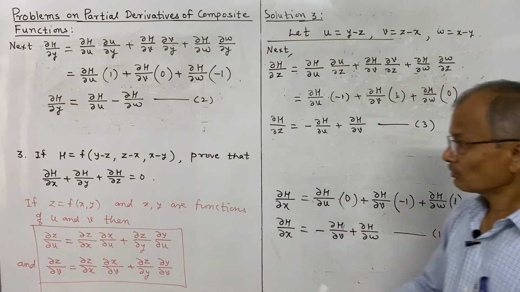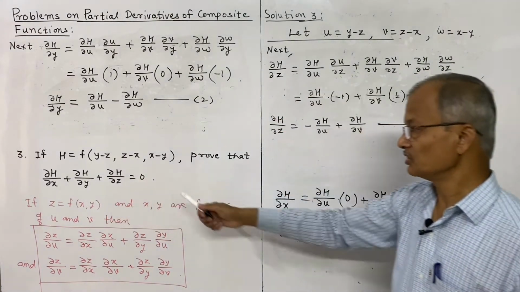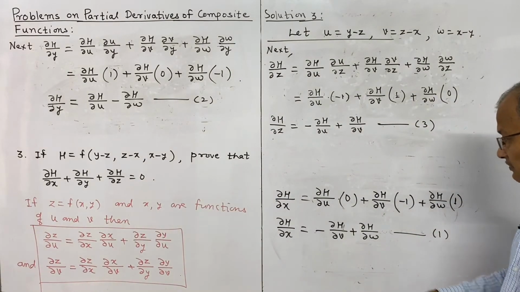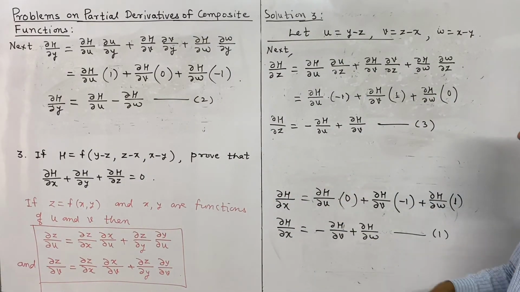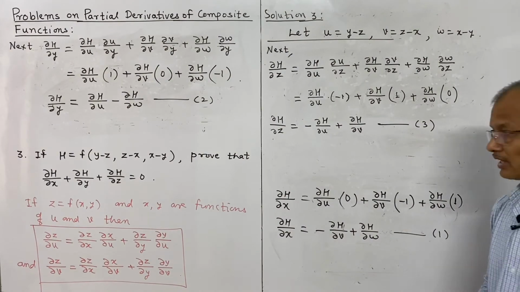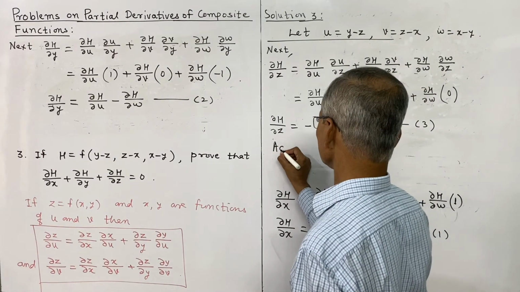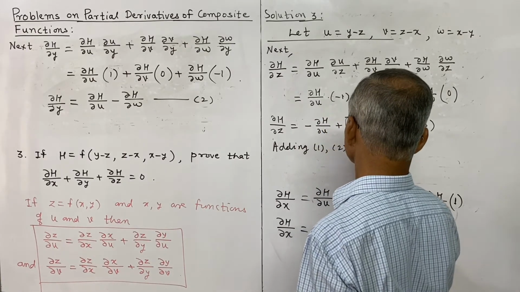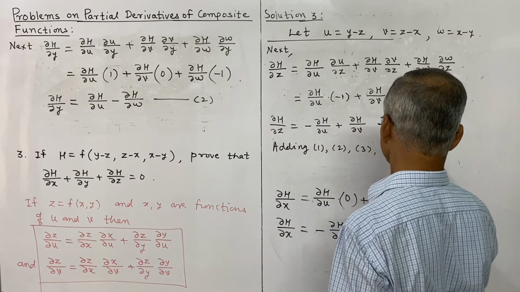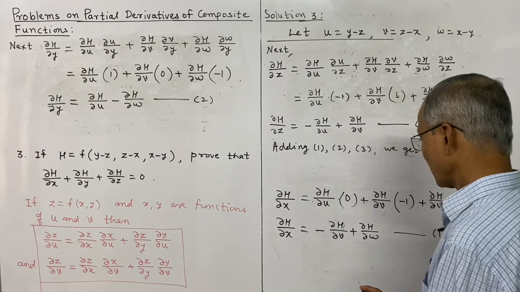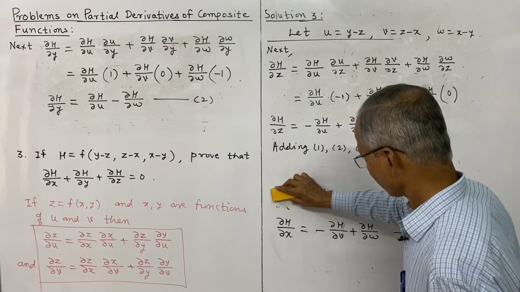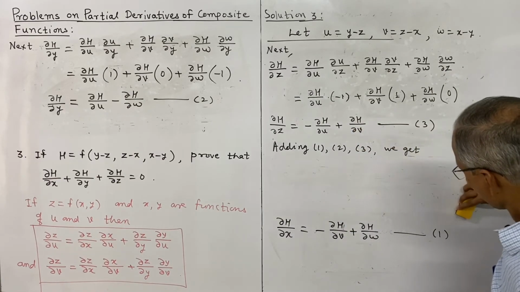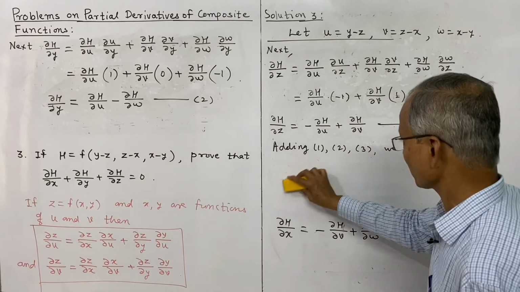Now we want to show this addition is 0, and we have obtained these values separately in 1, 2 and 3. So we add 1, 2, 3. We get, now see, 1 is here, the partial derivative of h with respect to x.